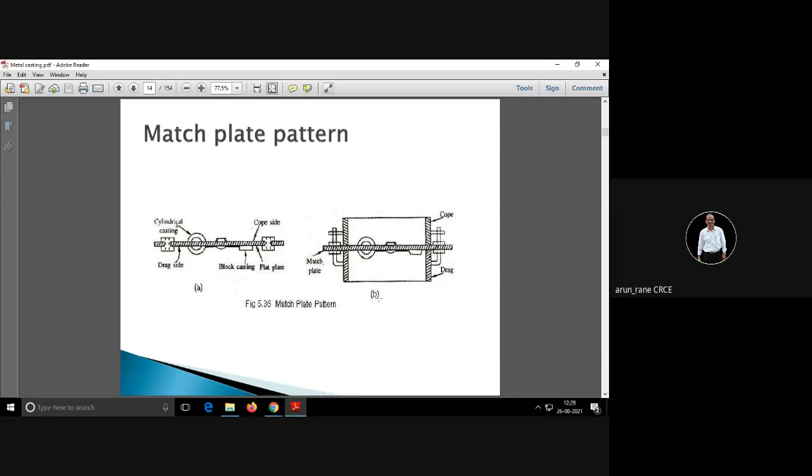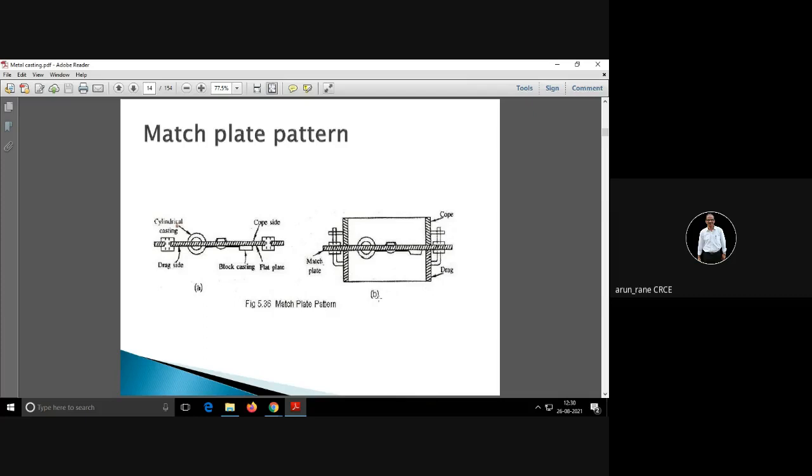These are very little complex and it will take much time for you to draw in the examination and to explain. So no doubt you can study it, but from an examination point of view, you should ignore this, unless it is specifically asked, describe match plate pattern.